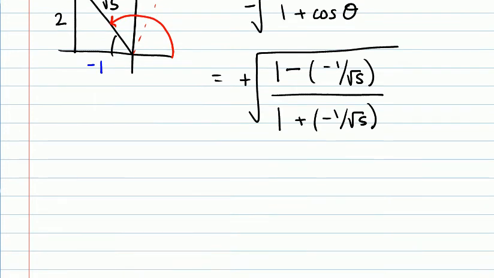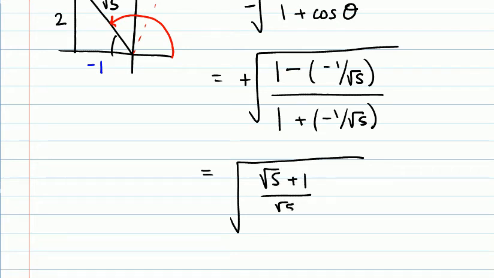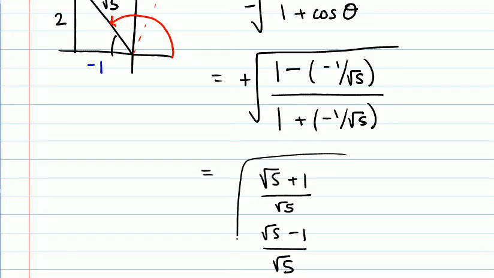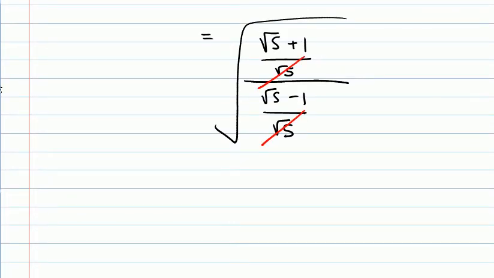So this becomes the square root of root 5 plus 1 over root 5, divided by root 5 minus 1 over root 5. The root 5's cancel, and we get to fix our fraction some more.